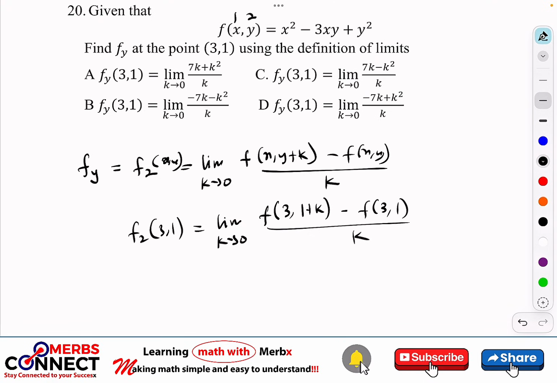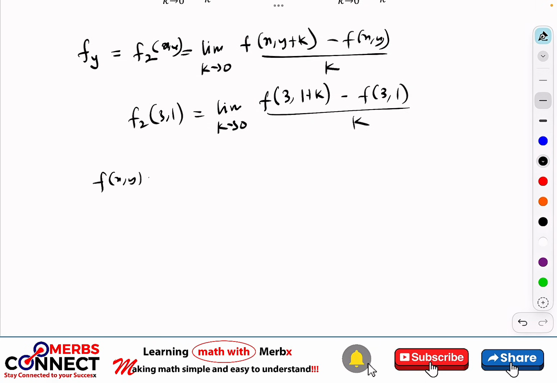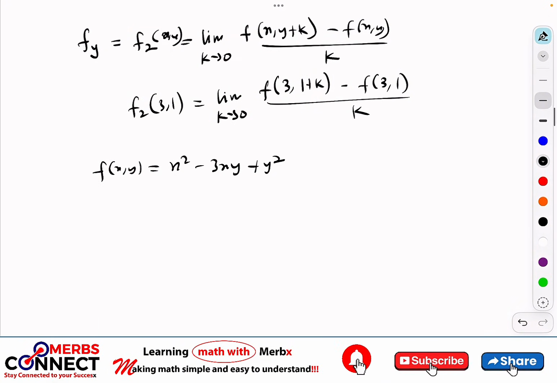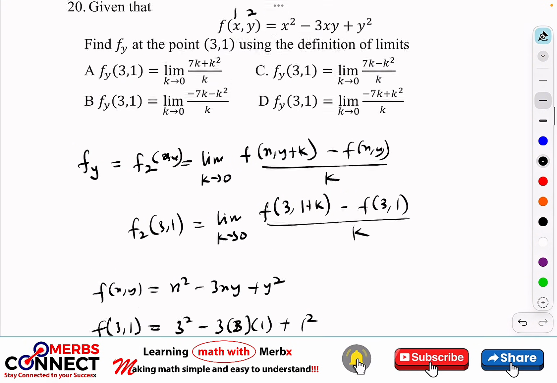So we just need to expand the top, and then we are done. So now let's look at f of x, y equal to x squared minus 3xy plus y squared. Let me look for f of 3, 1 first, so that it can help me eliminate some of the options. So 3 squared minus 3 times 3 times 1 plus 1 squared. So this is going to be 9 minus 9 plus 1, and this is going to be 1.